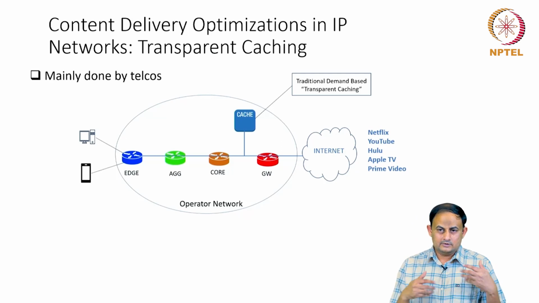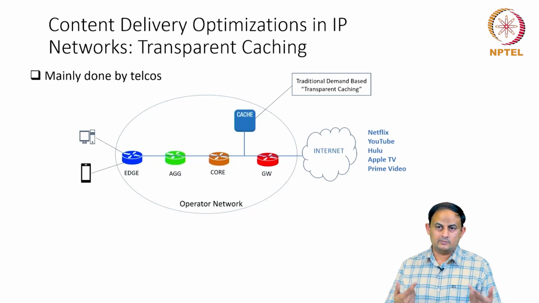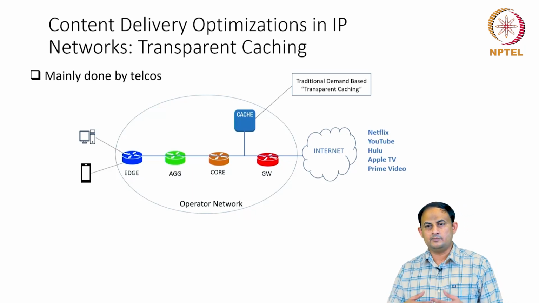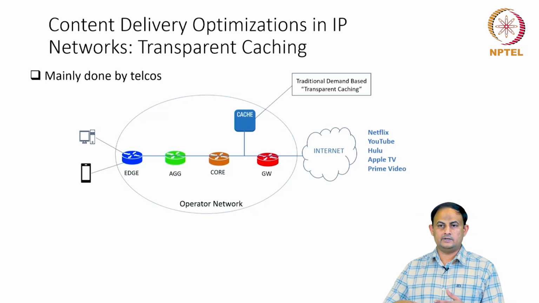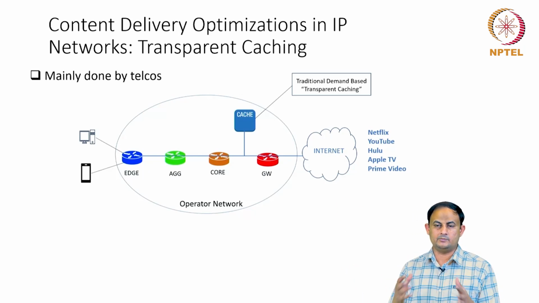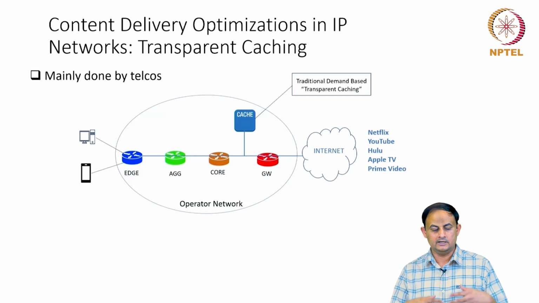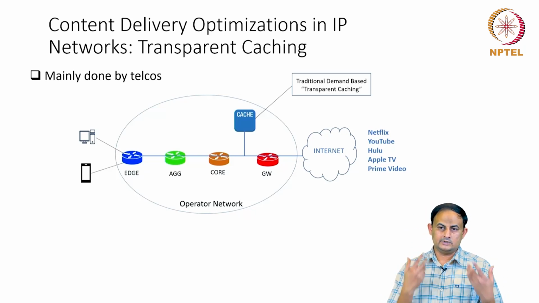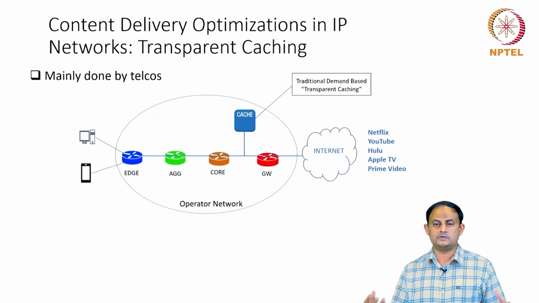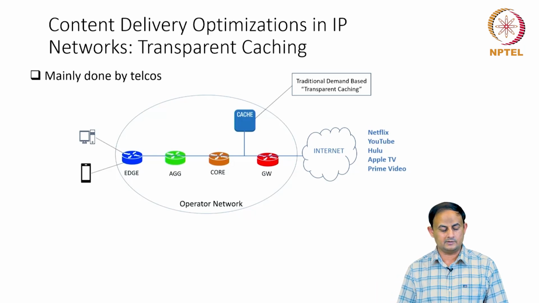So the more popular the content, for the network service providers it becomes very problematic. They need to transmit the same content several times over their network. So for example, if BSNL or Bharti Airtel is there, over their links and their routers, the same content is being transmitted repeatedly.